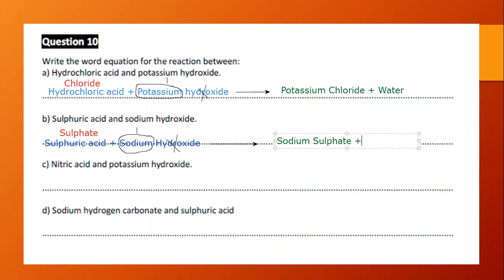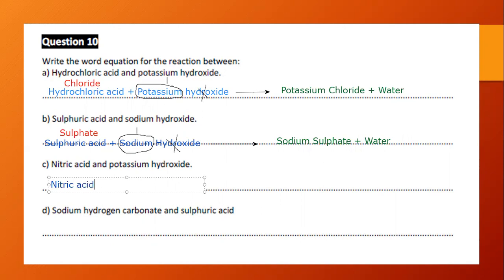And what will be the second product with my salt? Water. All right, what about the next one? I want the reaction between nitric acid and potassium hydroxide. So this is easy. I'm just going to write the names, the reactants I already have, and they are written in my question.